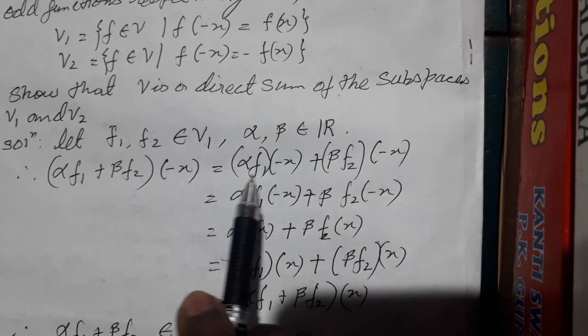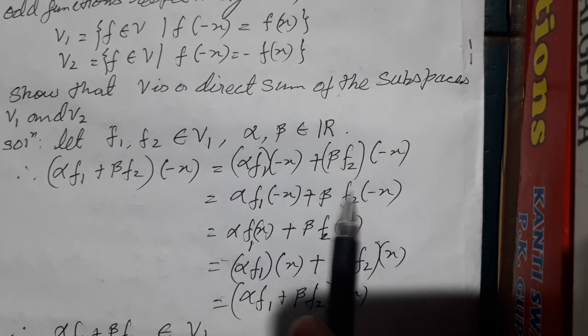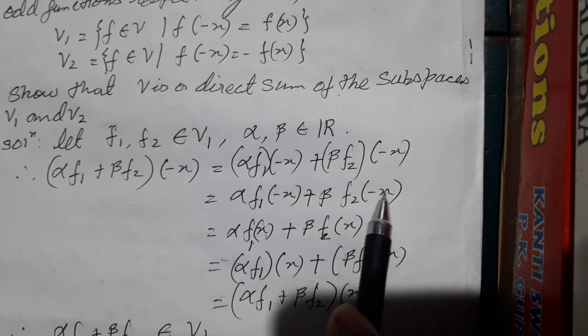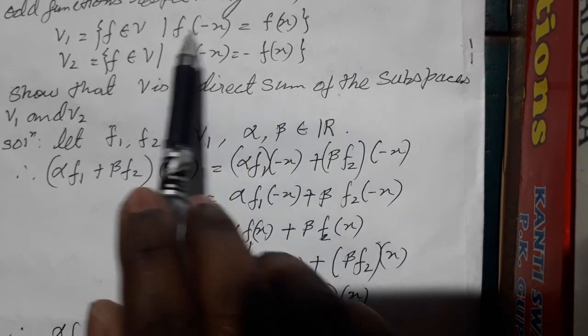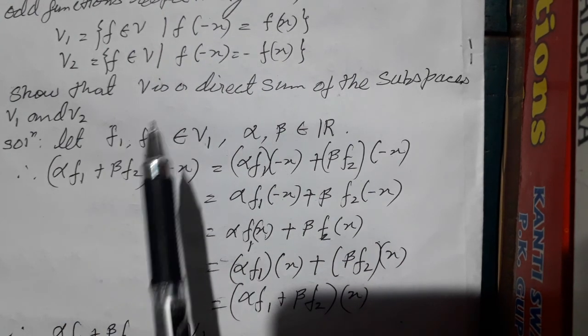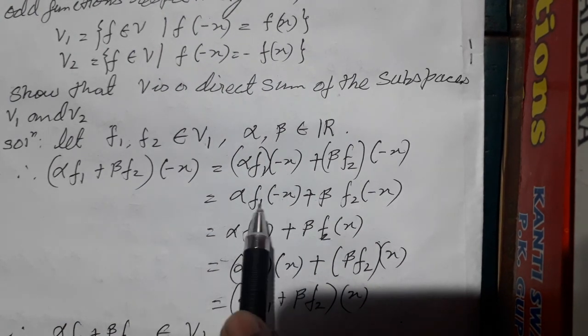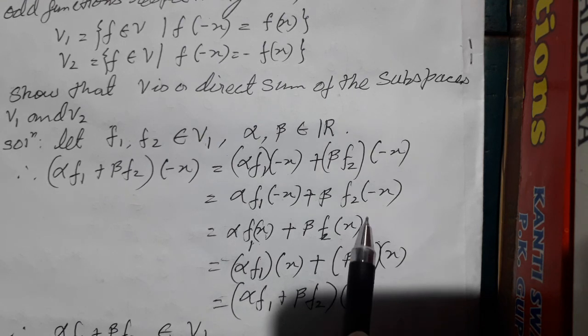So I take minus x. By the definition of function, alpha f1 plus beta f2 applied on minus x separates into alpha of f1 applied on minus x, and in the same way beta f2 applied on minus x. But f1 belongs to V1, so f1 of minus x is f1 of x. It is an even function, and f2 is an even function as well. So f1 of minus x equals f1 of x, and in the same way f2 of minus x equals f2 of x.